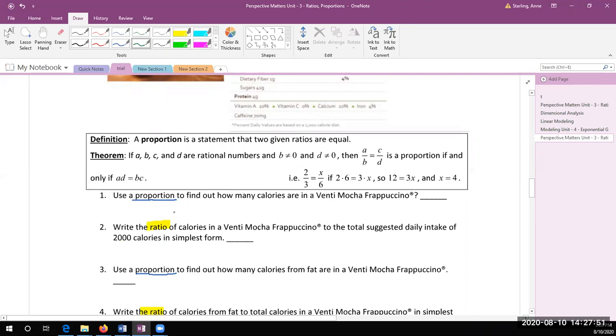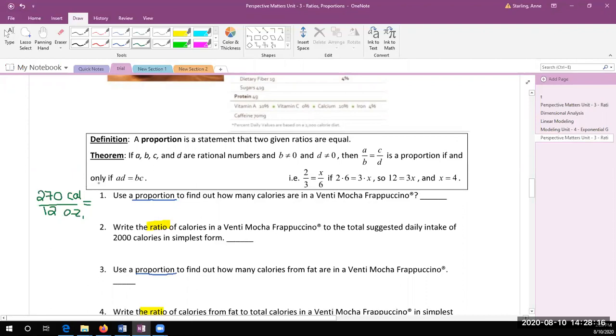So first of all, when we're setting up our proportion, we want to make sure that our units match in a way that makes sense. So a 12 ounce has 270 calories. And I want to set up the other ratio to be the same unit-wise, just like you did at the beginning with the unit price. So I want calories per ounce for this second one as well.